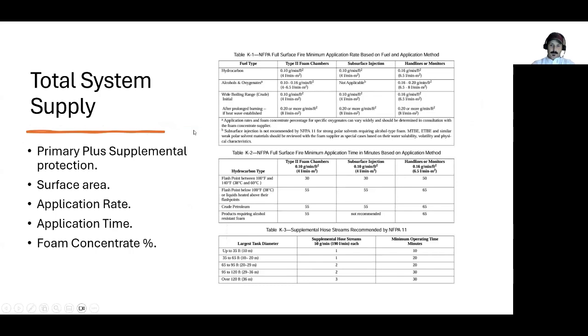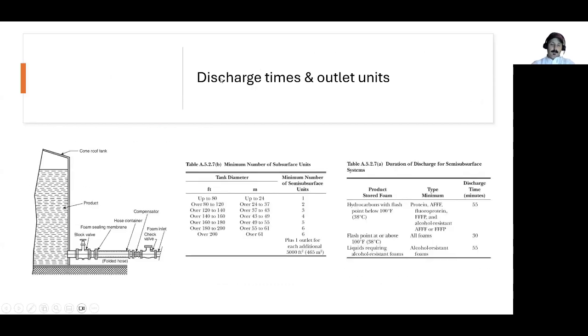Now, the application rate of the subsurface system is the same as the application rate of the top injection system, which is a minimum of 4.1 liters per minute per square meter. Yes, you can exceed, but I think the limit is 8 liters per minute per square meter. In some situations, you need to exceed to the maximum application rate, especially when the fire has been left burning for some time.